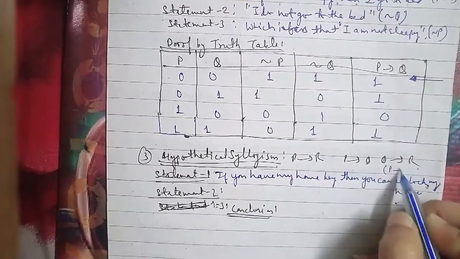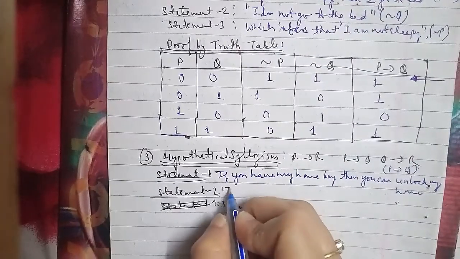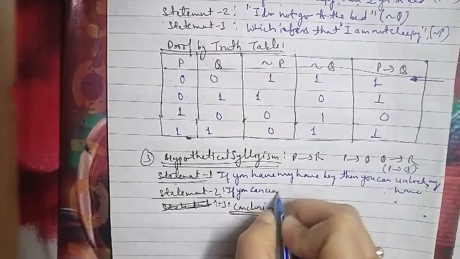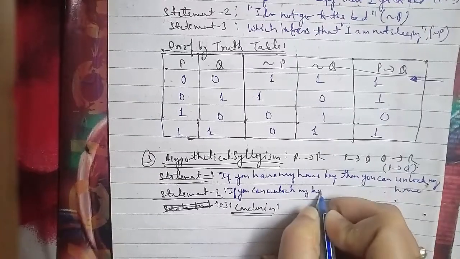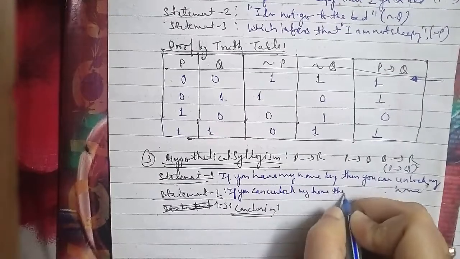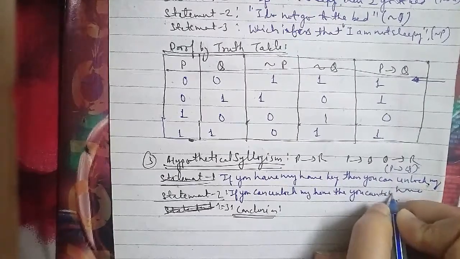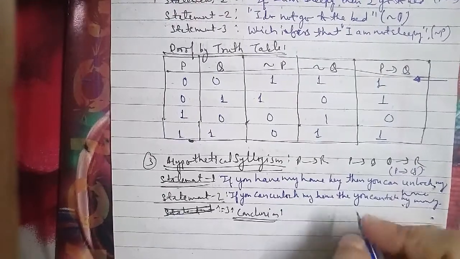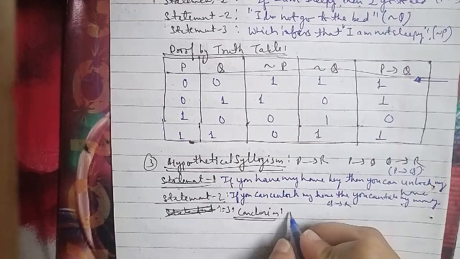It stands for Q tends to R. The conclusion is: if you have my home key, then you can take my money. This states that P tends to R.